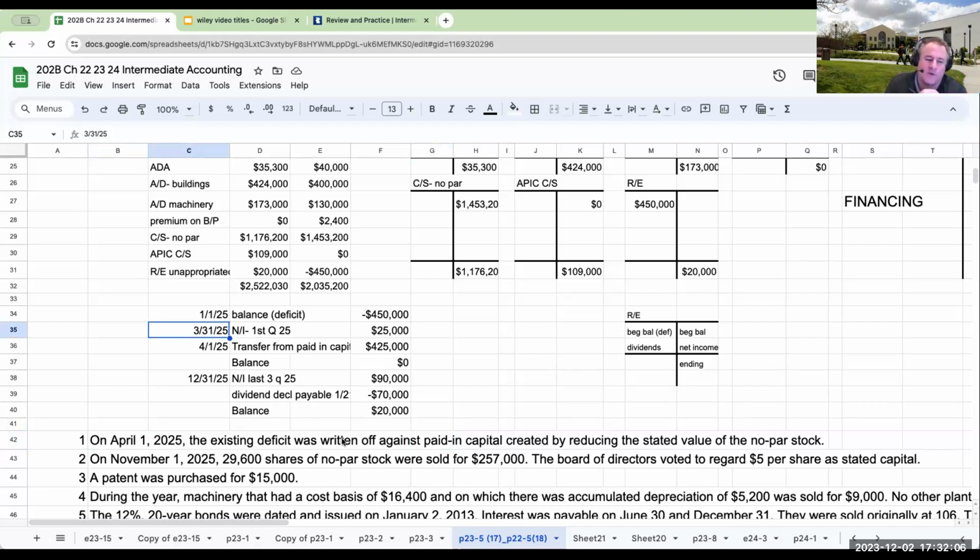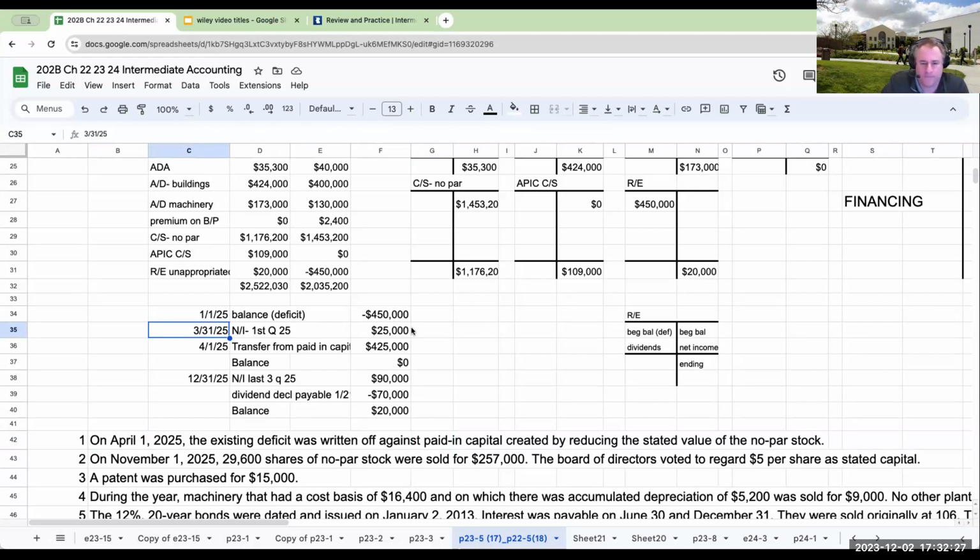Then it tells us on November 1st, 29,600 shares of no-par stock were sold for $257. The board of directors voted to regard $5 per share as stated capital. I'm doing these simultaneously just because this is a pretty crazy question. So let's digest this.